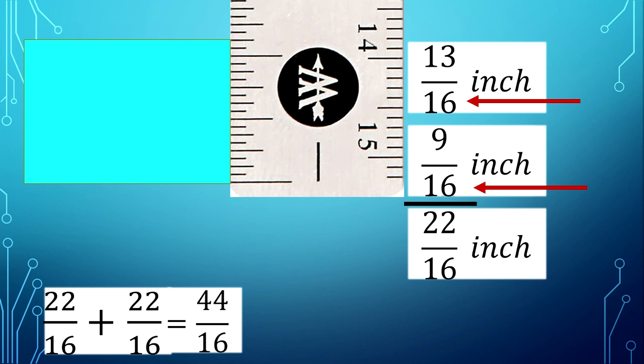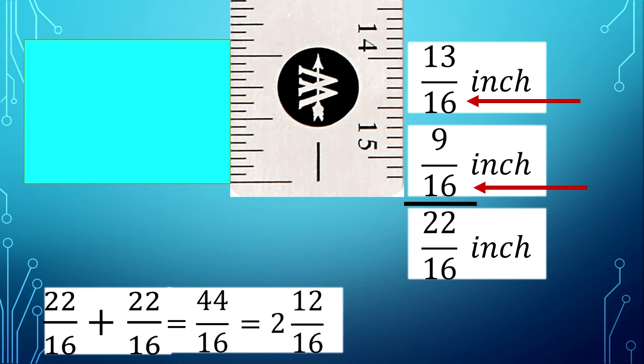Here I chose to just go ahead and change it to a mixed number and then reduce. 16 will go into 44 2 times with 12 left over. Then 12 over 16, 4 goes into both of those. So I end up with 2 3/4 of an inch to get around this rectangle.